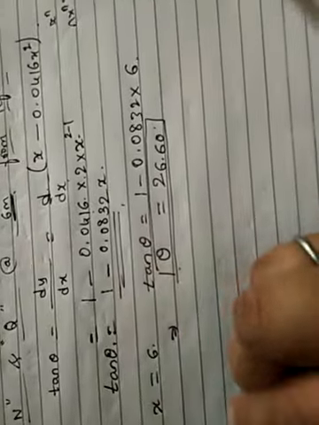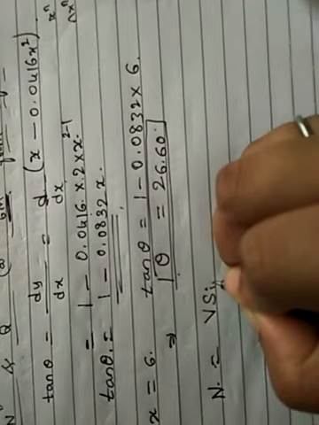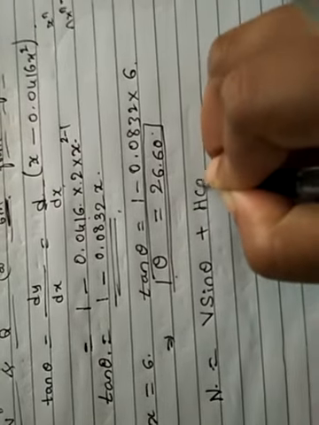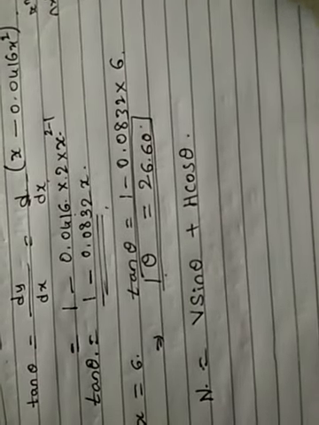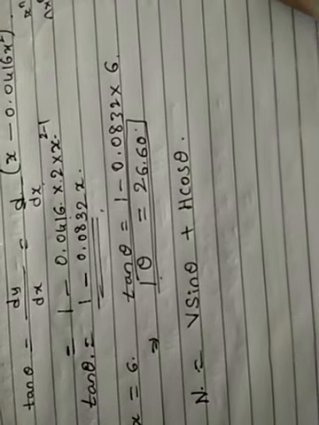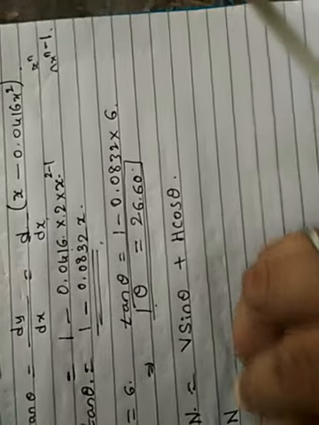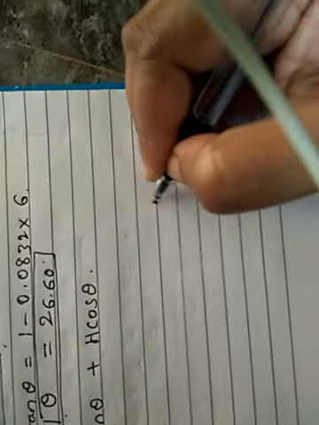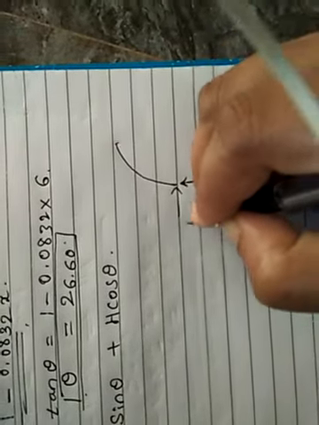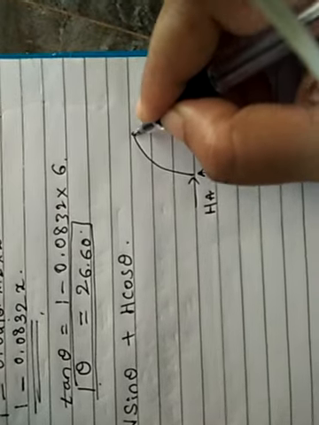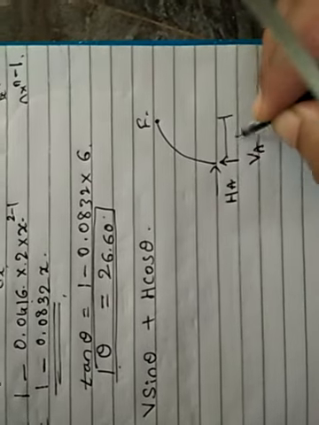So we all know that we have a formula for normal thrust N, which is equal to V sin theta plus H cos theta. Right? So here we have an equation. So N is equal to, what happens when we say 6 meter, here we can see at 6 meter we have VA, HA. So this is a point, let us consider this as F, which is at a distance of 6 meter.